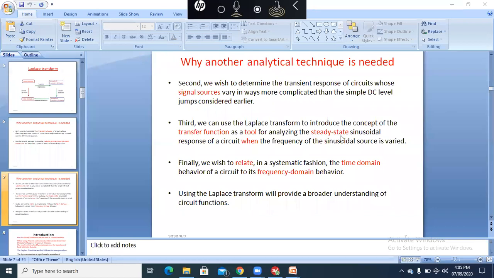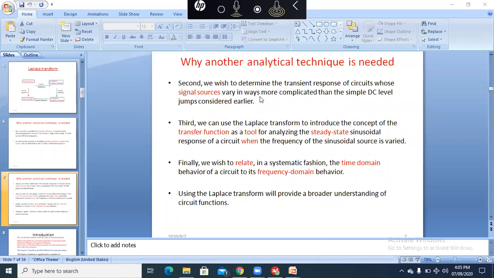And in case of a sinusoidal source, the steady state sinusoidal response is when the frequency of the sinusoidal source is varied.